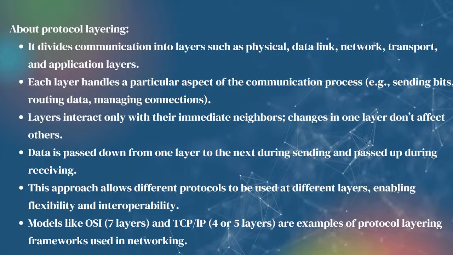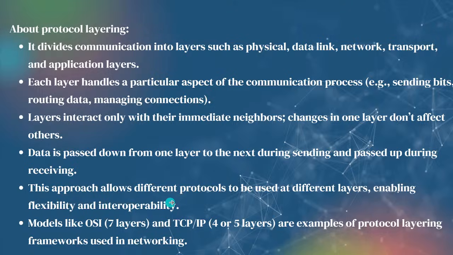Data is passed down from one layer to the next during sending and passed up during receiving. This is also an important concept. When we are on the sender side, data moves from up to down, and on the receiving end, it goes from down to up. This is the approach.